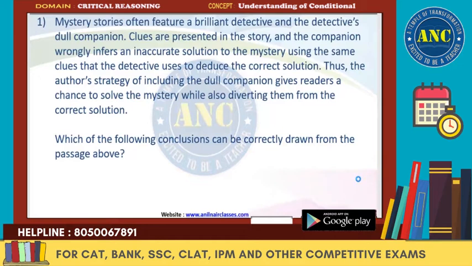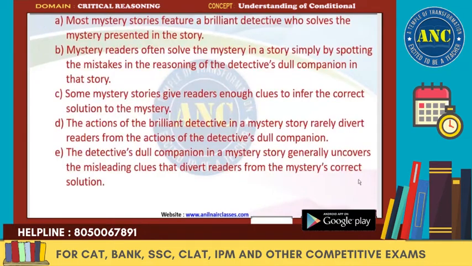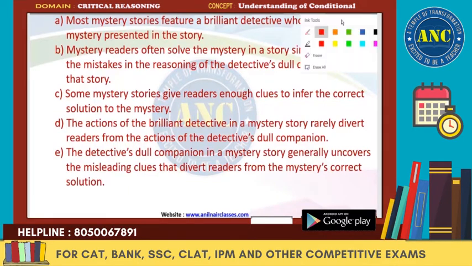Which of the following conclusions can be correctly drawn from the passage above? Option A. Most mystery stories feature a brilliant detective who solves the mystery presented in the story.